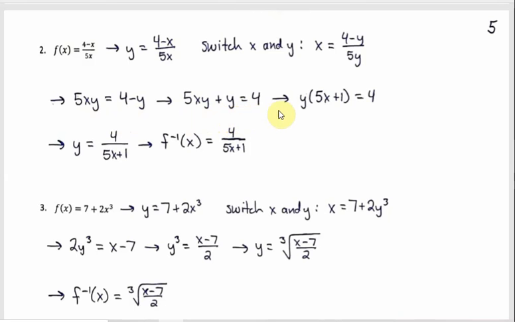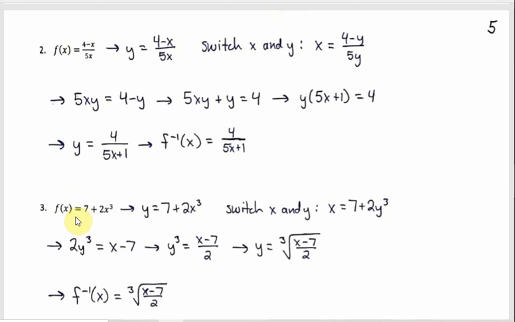Then you can factor a y out on the left, and you'd write that as y times the quantity 5x plus 1 equals 4. Then you can get y by itself by dividing by what's in parentheses. So you get that y is 4 over 5x plus 1. Now we've solved for y, so let's replace y with f inverse of x. There's the inverse.